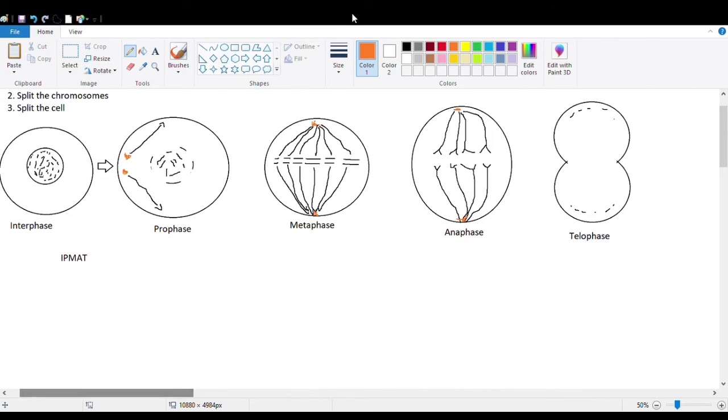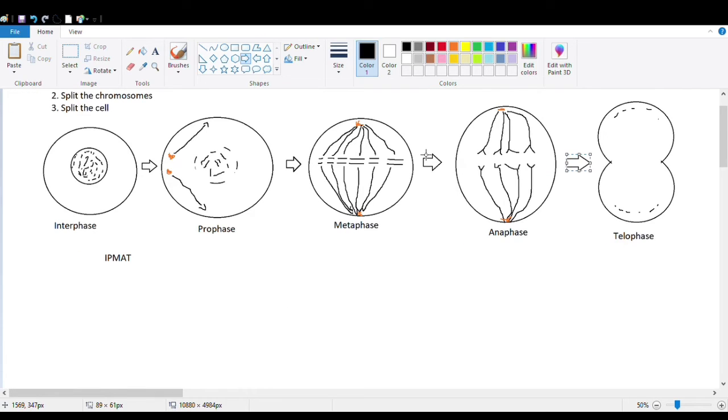And then I'm just going to add arrows to clarify the direction here. And that's the process of mitosis.